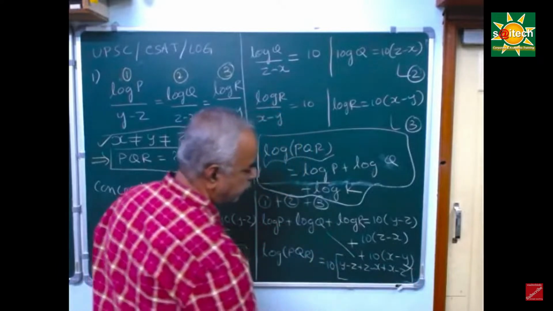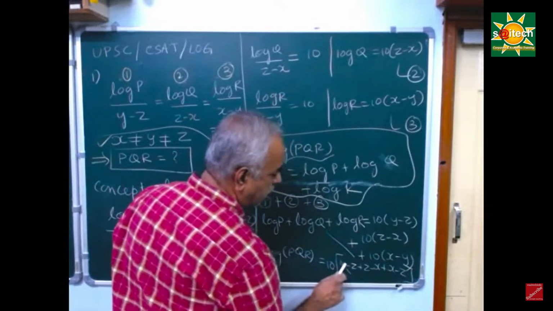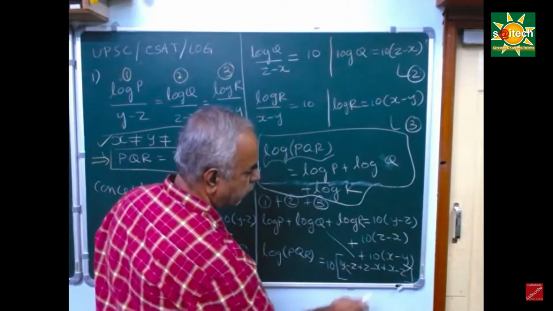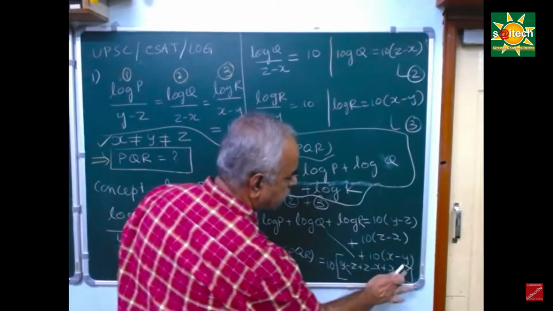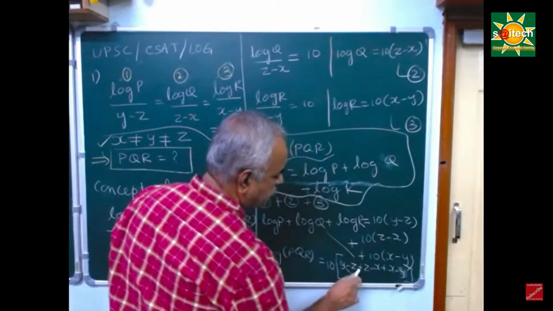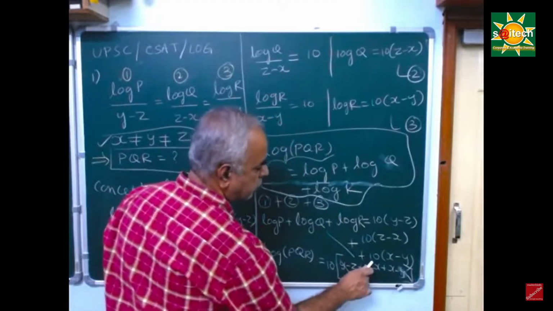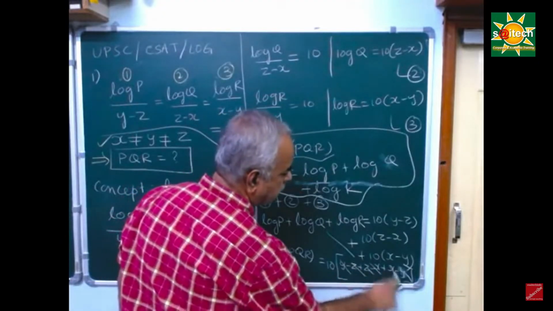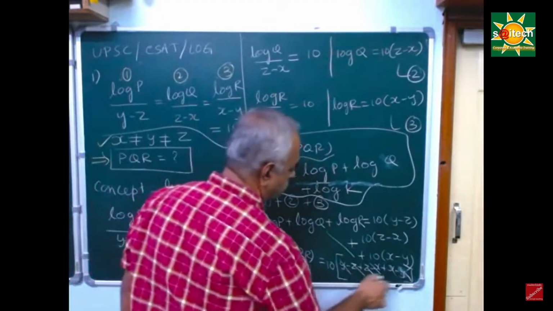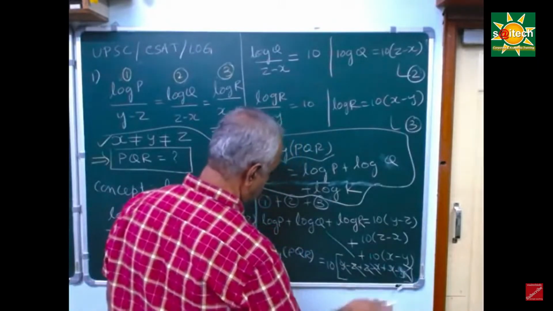So when you add everything, y is cancelled, y minus y cancels, z minus z cancels, x cancels. So it becomes 0. So 10 into 0 means 0.